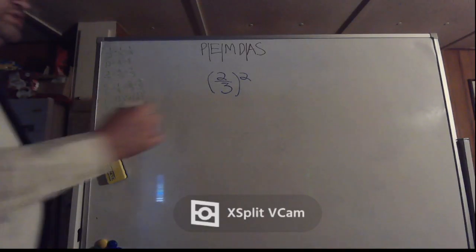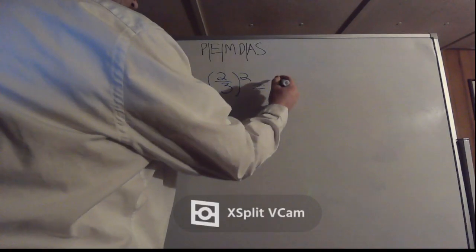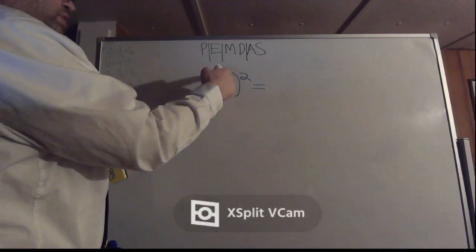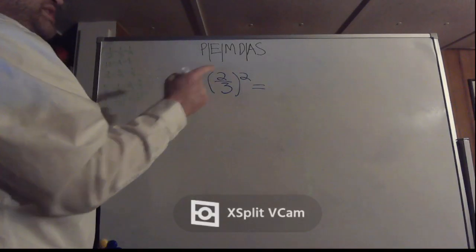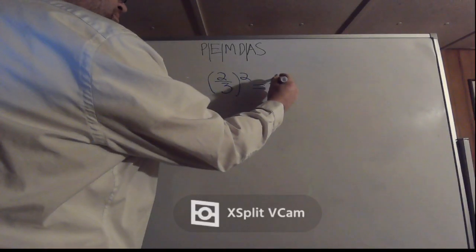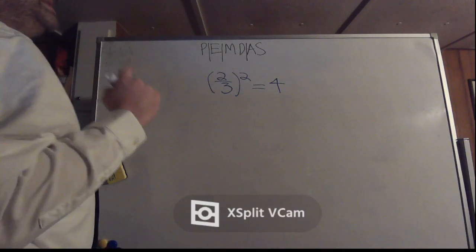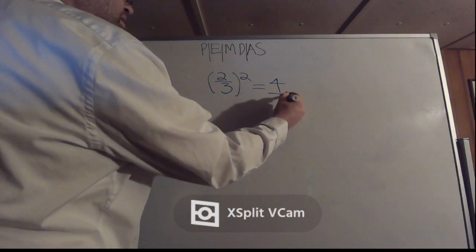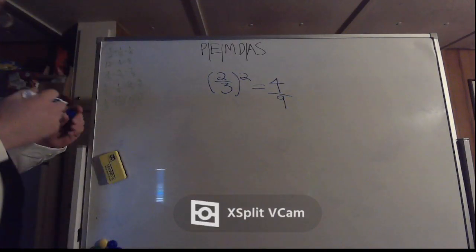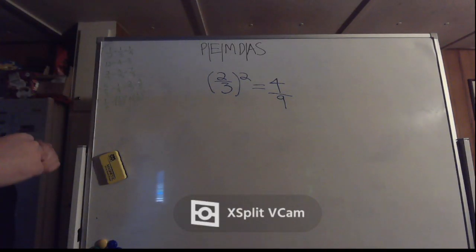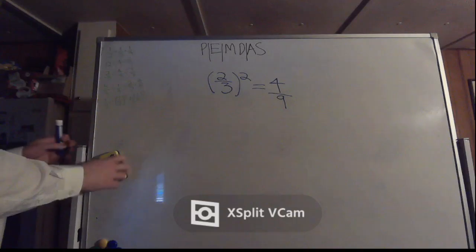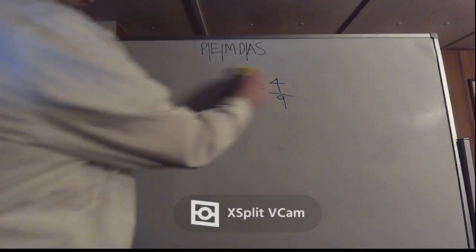All you do is take the numerator to the second power. 2 to the second power is 4. And then you take the denominator to the second power. 3 to the second power is 9. So it's that simple to raise a fraction to a power. So 2/3 to the second power is 4/9.